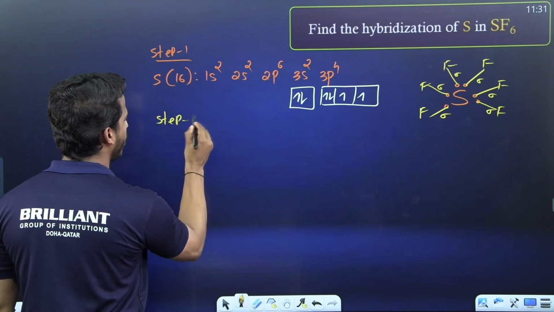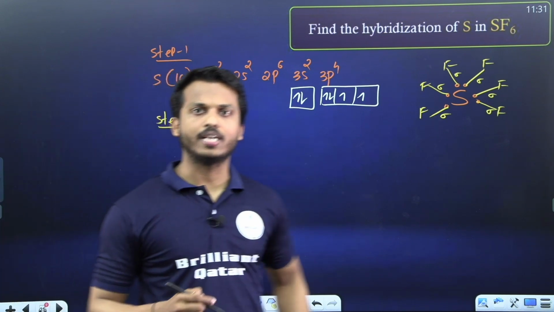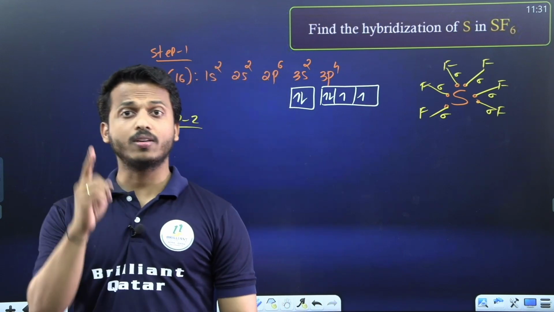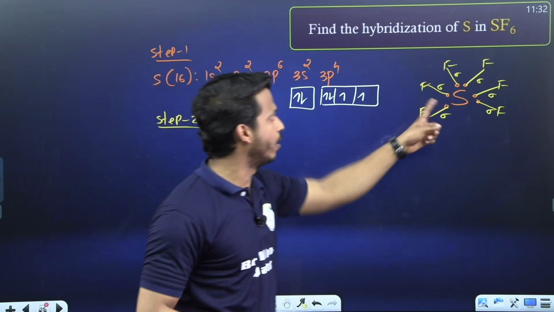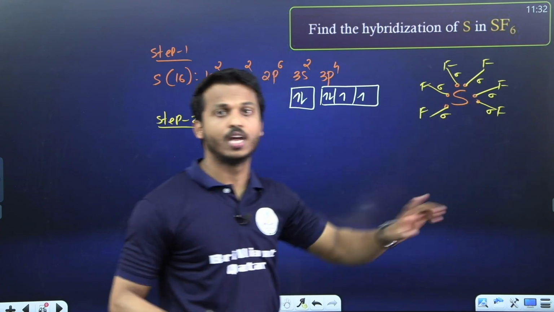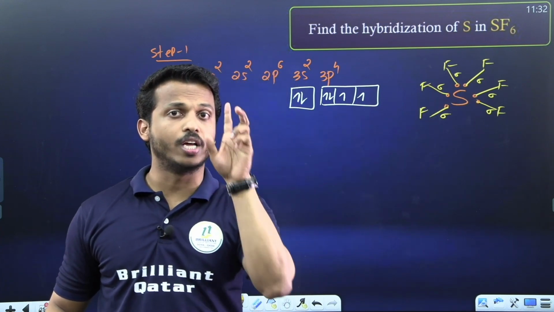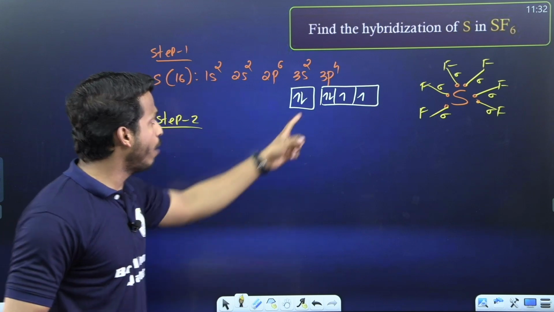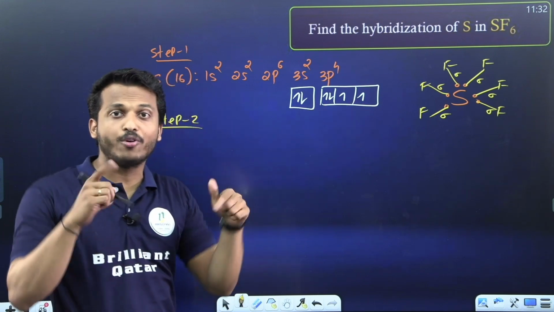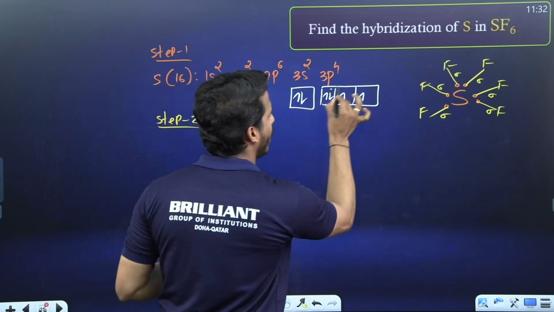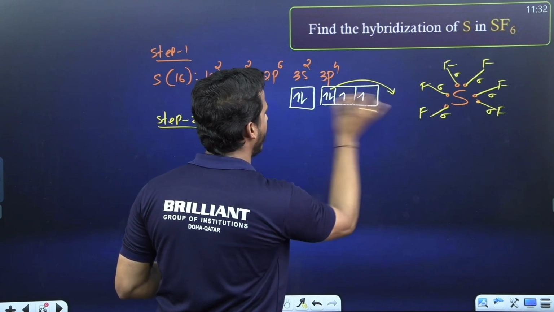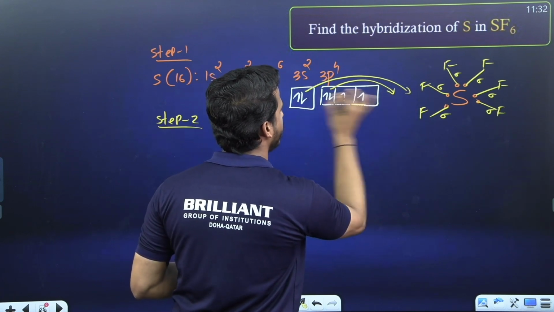Step 2, check whether an excited state is required or not. Total how many bonds on sulfur? 1, 2, 3, 4, 5, 6. There are 6 bonds, so there should be 6 unpaired electrons. Now you have only 2 unpaired electrons. How can you make 6? Excite 1 electron from 3p to 3d, and excite 1 electron from 3s to 3d.